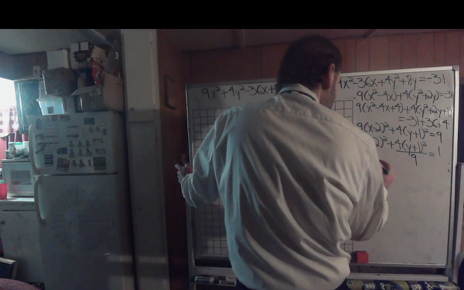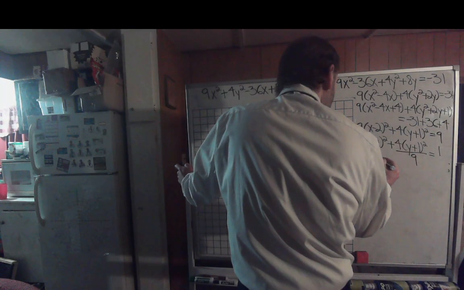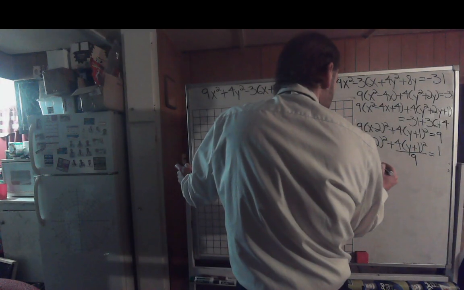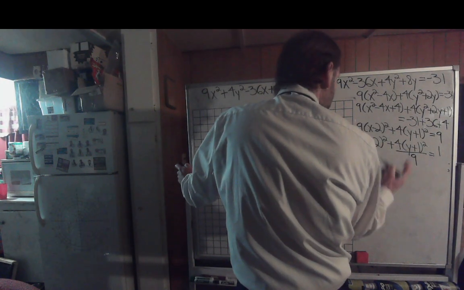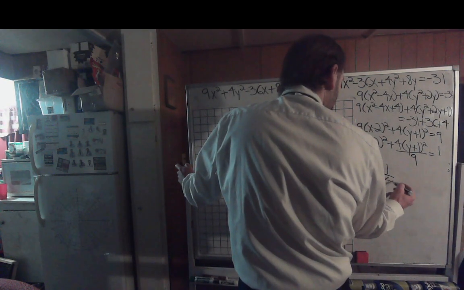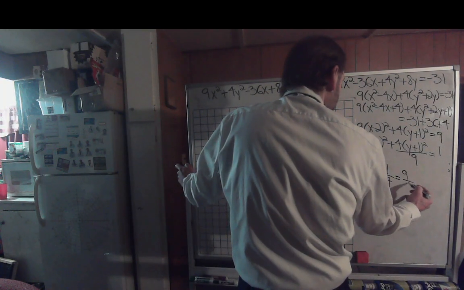So if I take the numerator and divide it by 4, I get 1. If I take the 9 and divide it by 4, that would give me 9 times 1/4, which would give me 9/4.